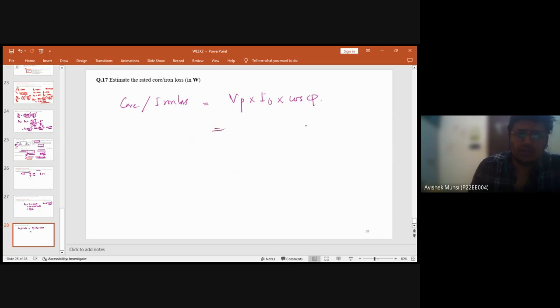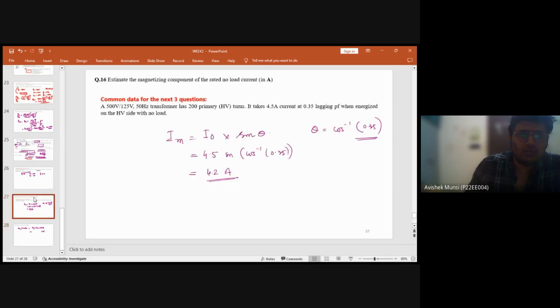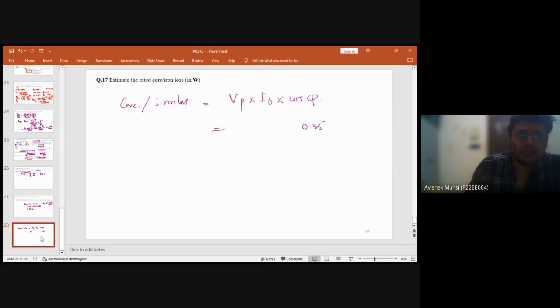So cos phi is given as 0.35, Vp is 500, and this is 4.5. So if we calculate it, what will be the answer? It will be around 787.5 watt. Clear?